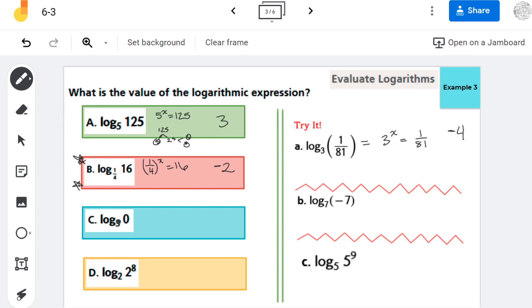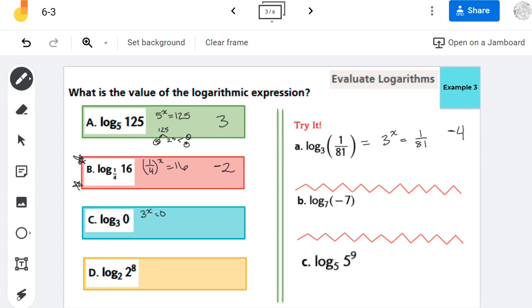So now let's talk about log base 3 of 0. If I were to write this as an exponential, 3 to some power equals 0. So I have to ask myself, is there any way for me to multiply 3 times itself a bunch of times, or to take 3 and divide it by itself a bunch of times in order to make it equal to 0?